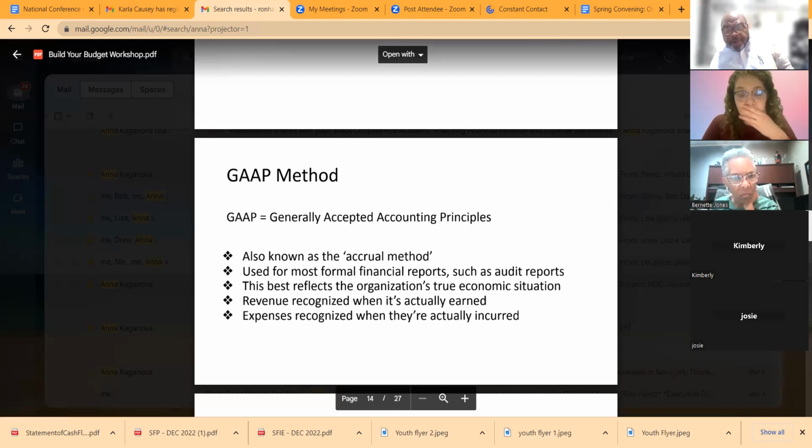So when you earn your income, and then you expense it immediately, that's when you're using this GAAP method.